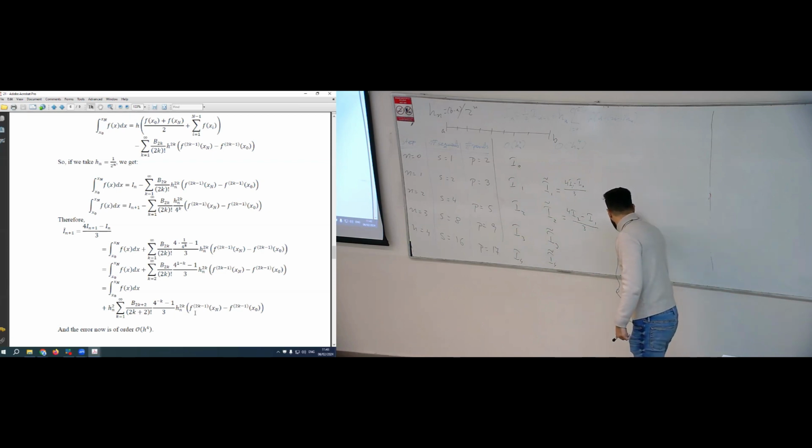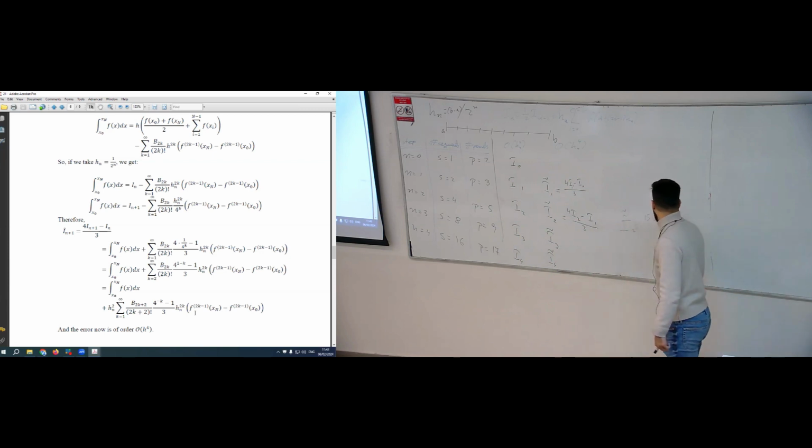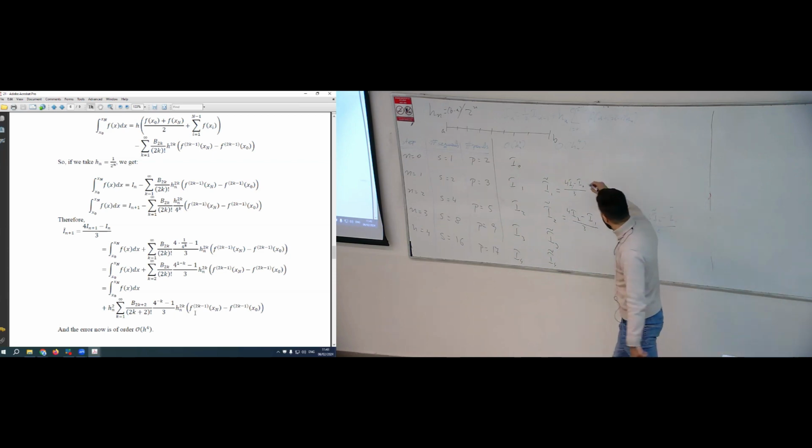So I2 tilde will be 16 of I2 tilde minus I1 tilde, over 15, and I can find another column which has an error of hn to the sixth.